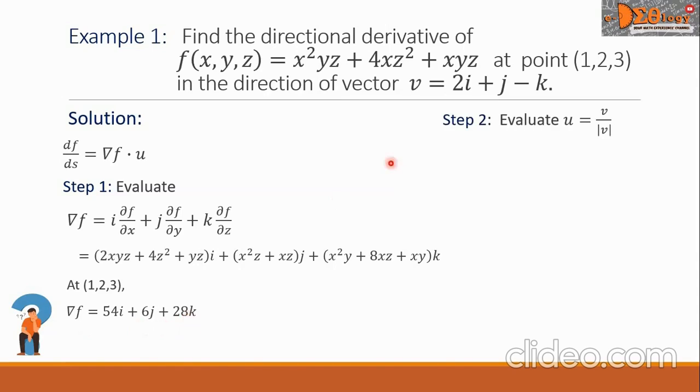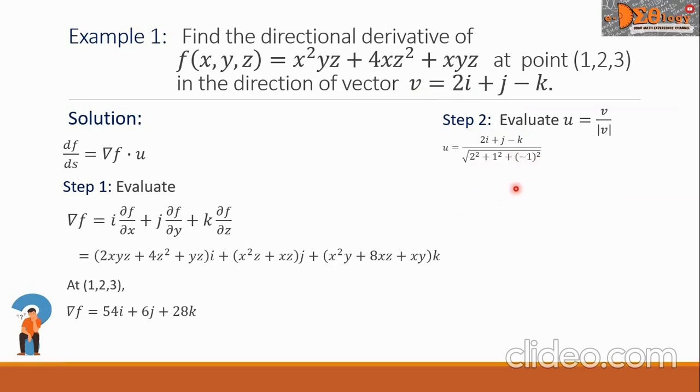Now step 2, let's evaluate the u, that is equal to v all over the length of v. So we have u equals, we copy the vector 2i plus j minus k all over the length of the vector. We have now the square root of 2 squared plus 1 squared plus the square of negative 1.